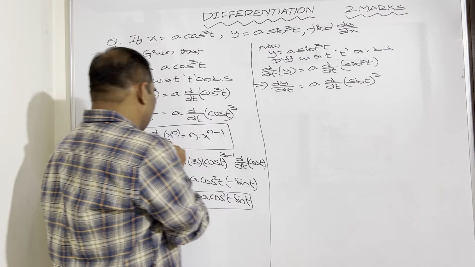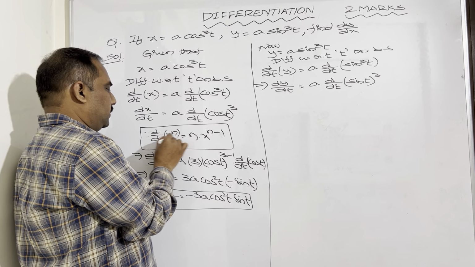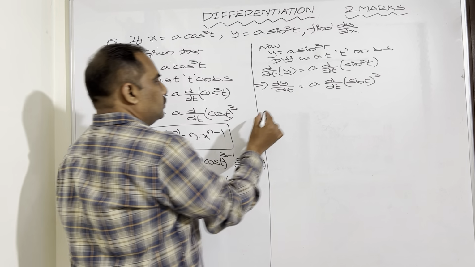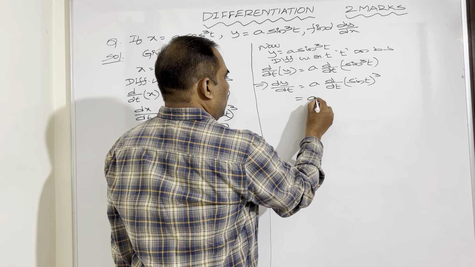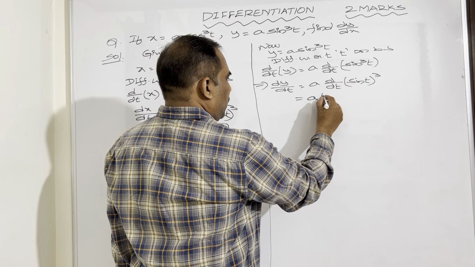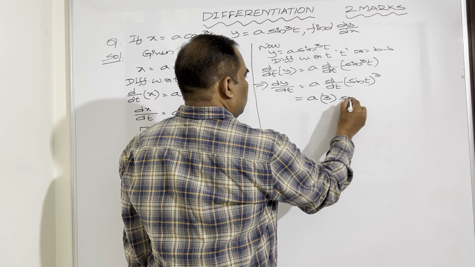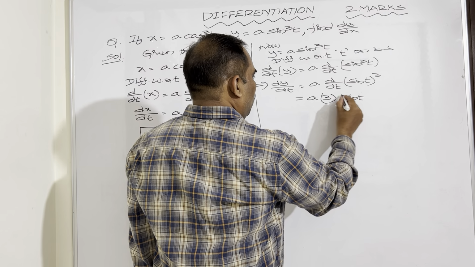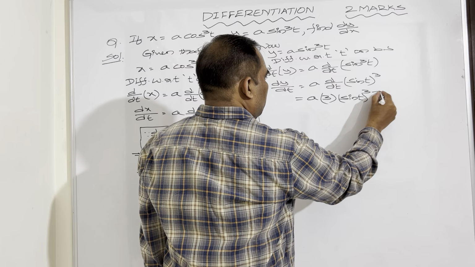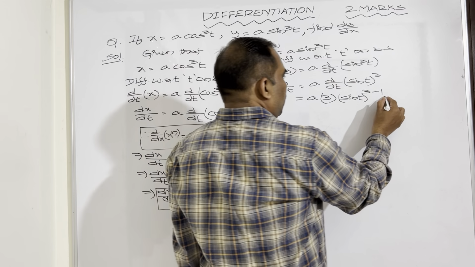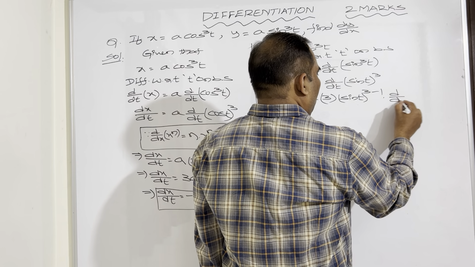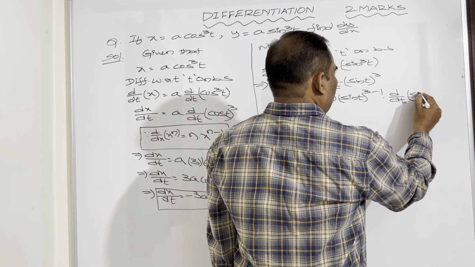Which is also the same as the formula d by dx of x power n. So it is equal to a into, n is 3 here, x is sin t, so sin t whole to the power of n minus 1, that is 3 minus 1, into again the derivative of sin t.